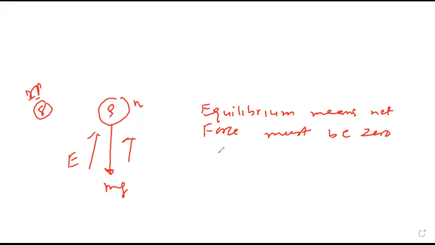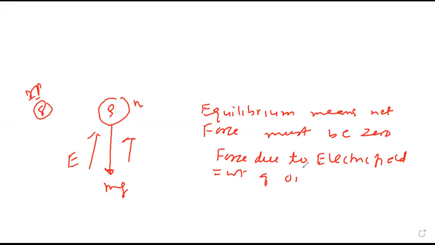So can I say at equilibrium force due to electric field must balance weight of oil drop, and force due to electric field is QE, weight is mg, QE is nothing but Ne.